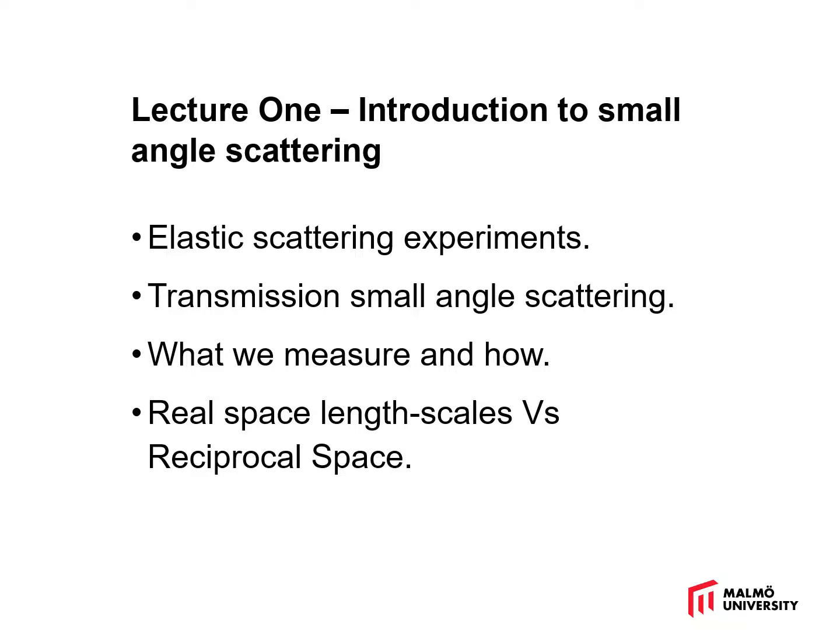And then we're going to focus a little bit more on the transmission small angle scattering experiment and how we could reconstruct three-dimensional structure from that. I'll talk very simply, and I'll go into more detail in the further lectures, about how we measure and what we measure. And I'll introduce the concept of real space length scales versus reciprocal space, which is what the small angle scattering experiment is measured in.